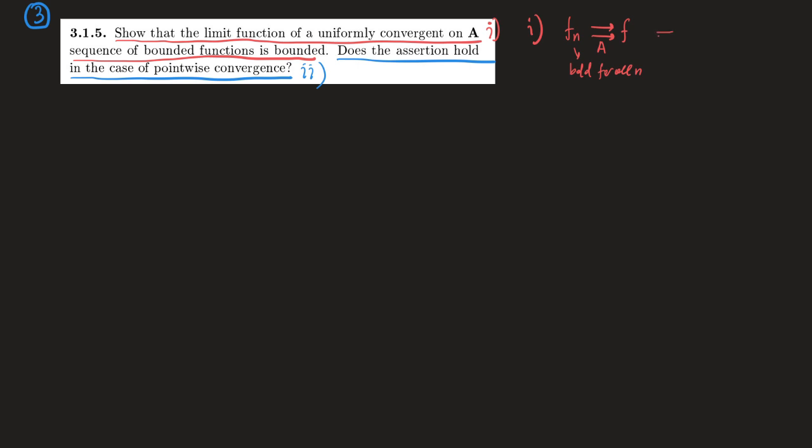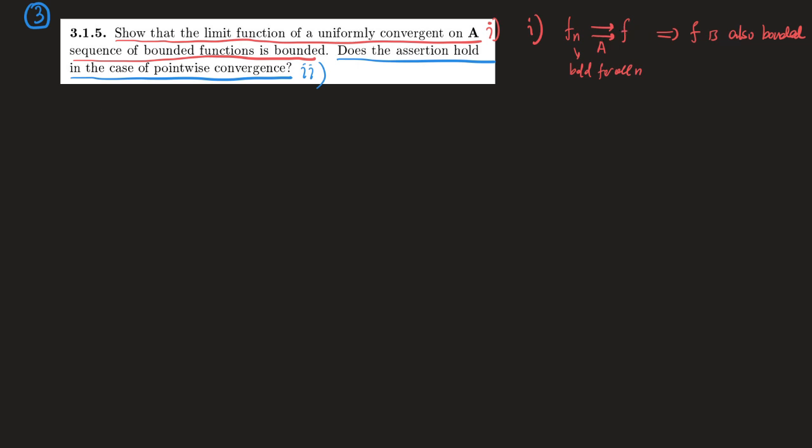Then it says that f is also bounded. It's like the continuous case, if each f_n is continuous and has a uniform limit, the limit is also continuous. A similar idea, but very easy in this case.